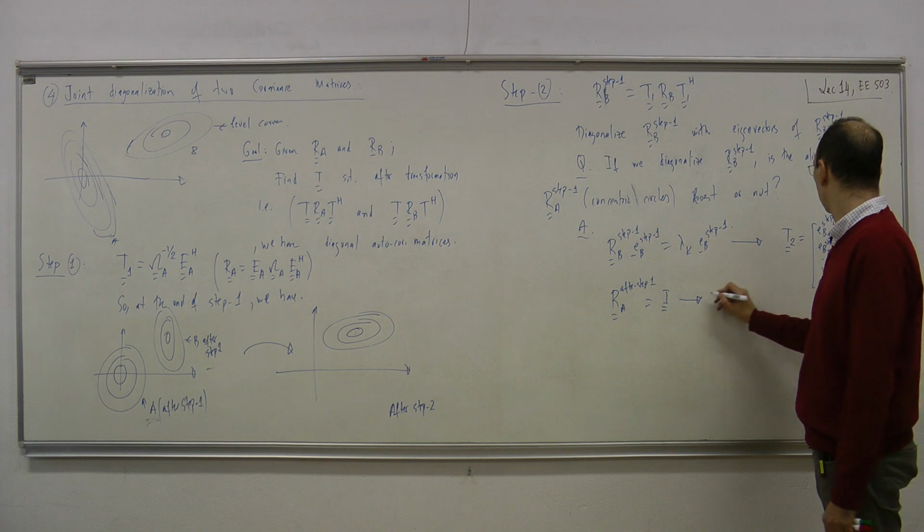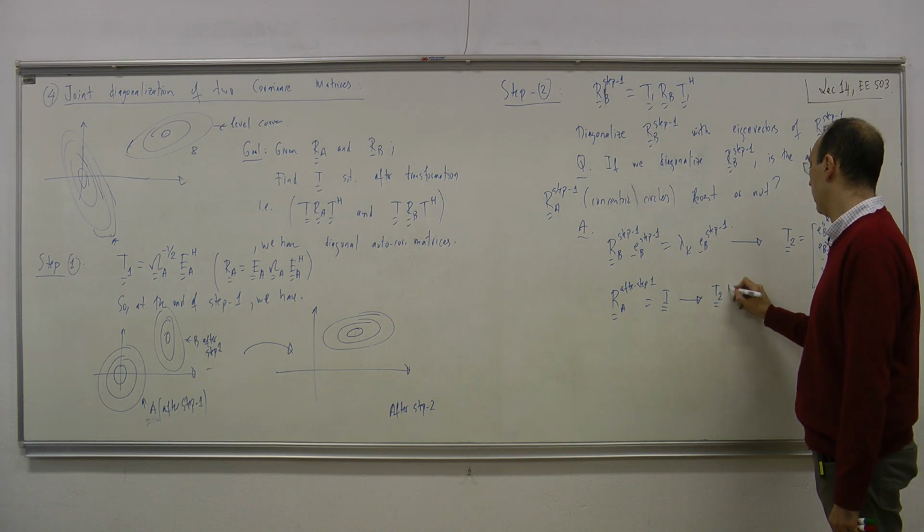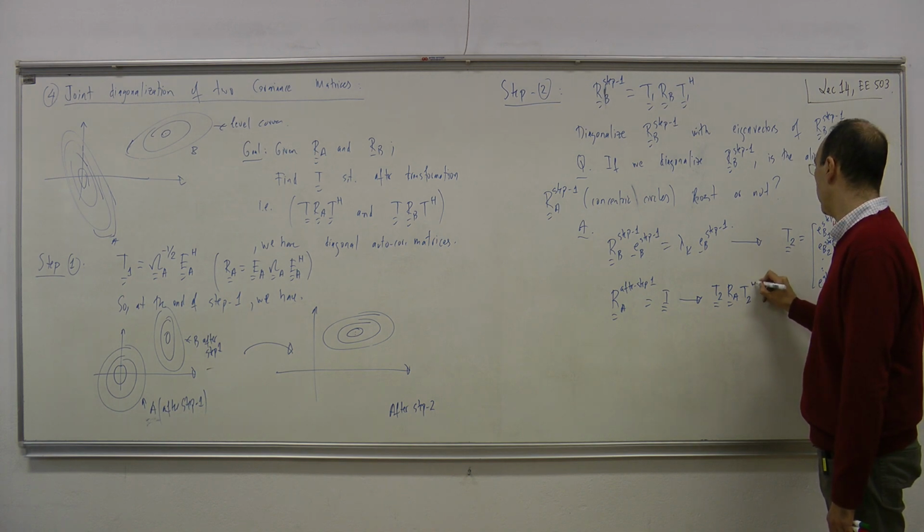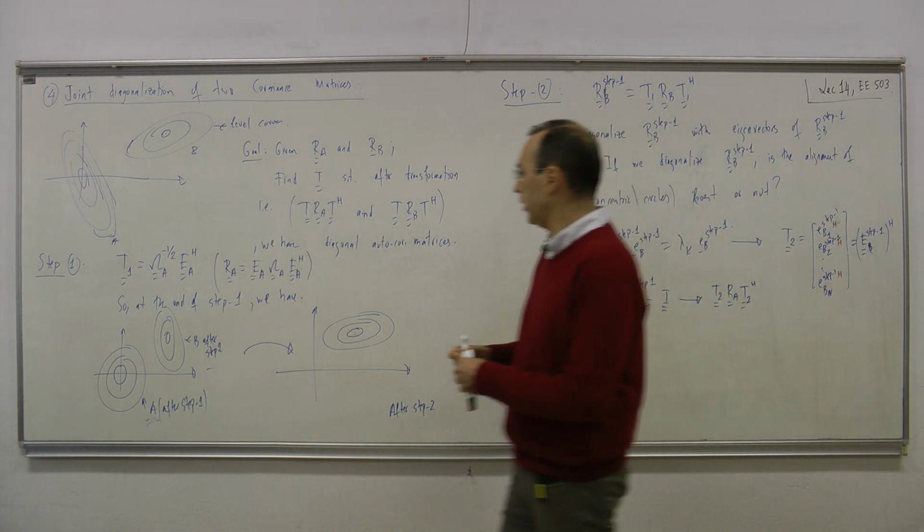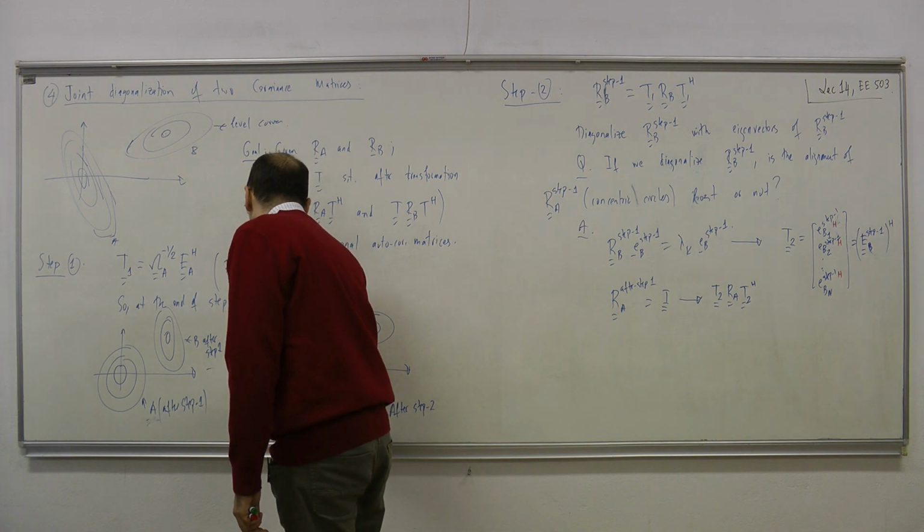Then T2 RA T2 Hermitian. So I'm applying the T2 mapping over here.